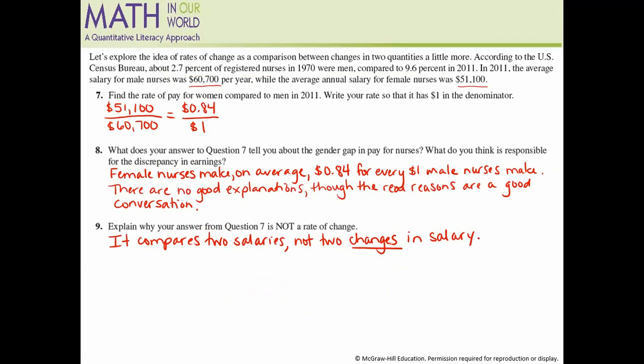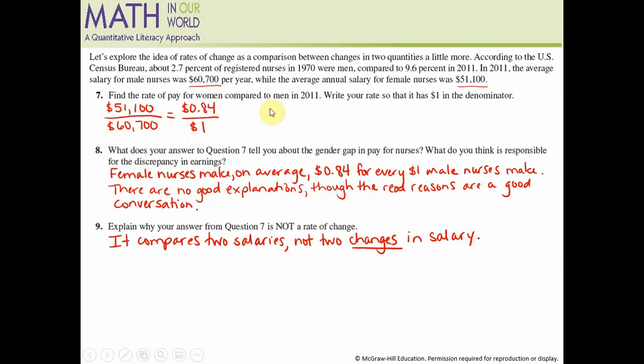What about the pay rate of women when compared to men? If I just compared the pay for women to men, the annual salary for female nurses was $51,100 and for male nurses $60,700, which is just 0.84 per $1.